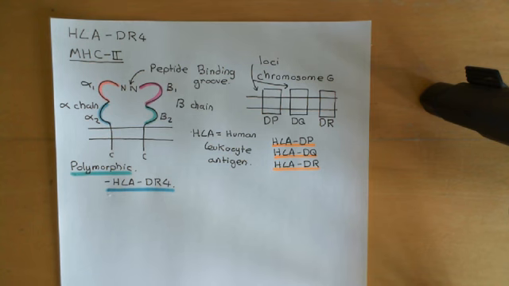Right, so a certain type of MHC Class 2 is a big risk factor for developing rheumatoid arthritis. The reason we think this is that if you've got this type of MHC Class 2, you're more likely to present the peptide fragment corresponding to whatever antigen initially triggers the rheumatoid arthritis to your CD4 positive T cells.